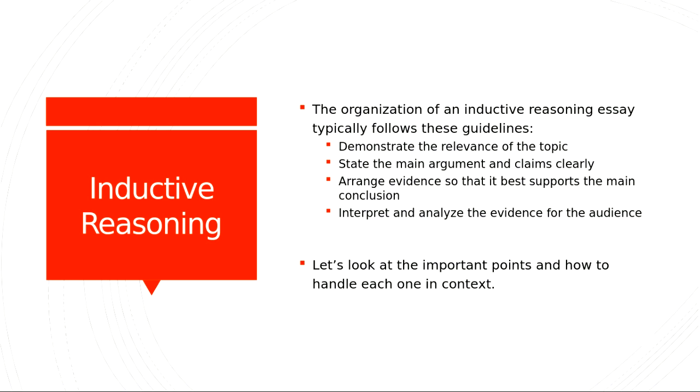Make sure your claims are clearly articulated. Okay. Arrange evidence that best supports the main conclusion. All right. So use the evidence in the best way possible so that the conclusion is supported and you have a logical progression. Then interpret and analyze the evidence for the audience. All right.